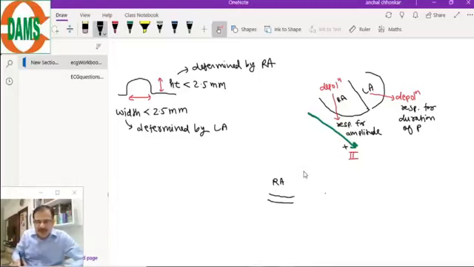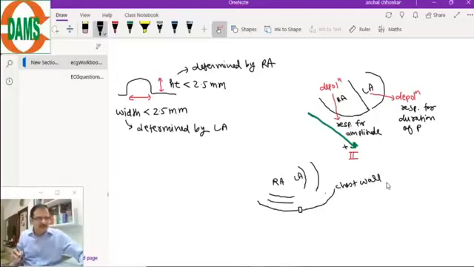So this is right atria and this is left atria, and here is the chest wall.